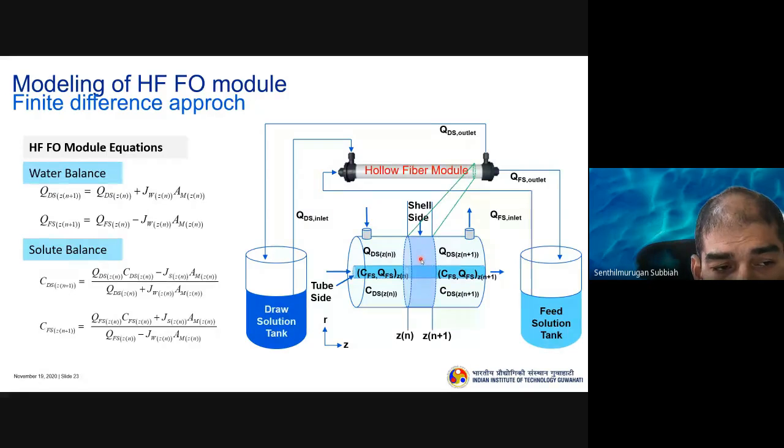So now the water balance will be there for the draw side and feed side. If you look, the draw solution is passing through the cell side, so the cell side is balanced with this. What is the cell side balance? Input minus output plus generation is equal to accumulation. Accumulation is 0. Nothing is getting accumulated because it's a constant volume.